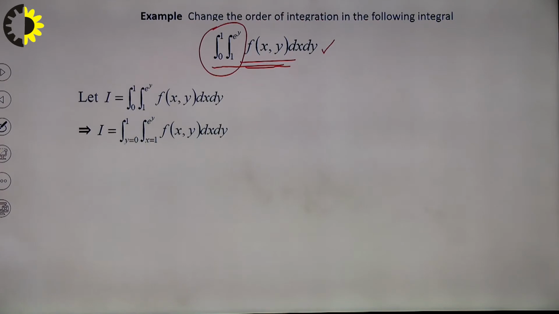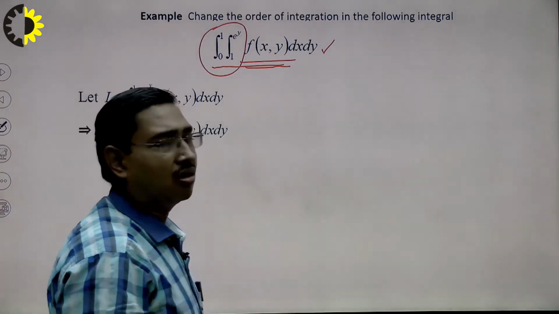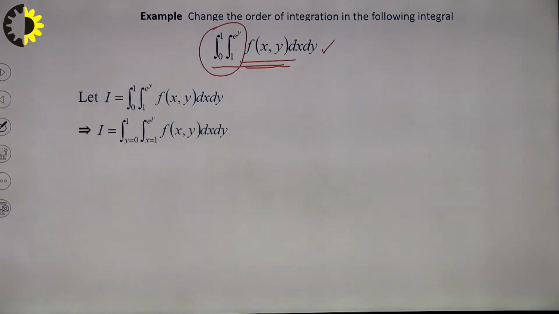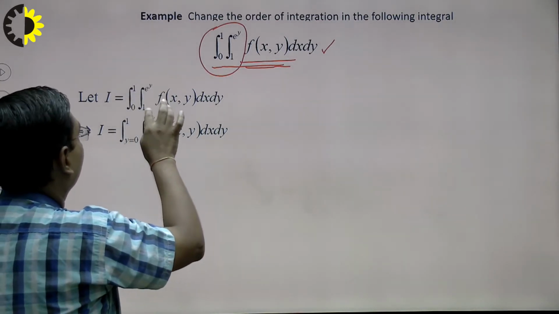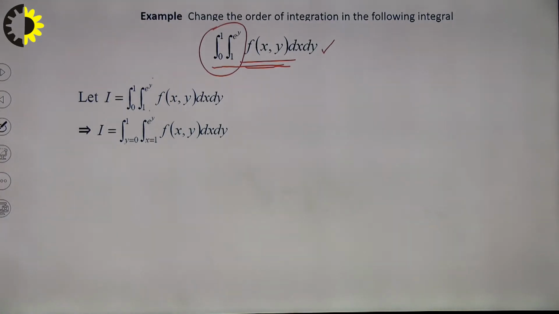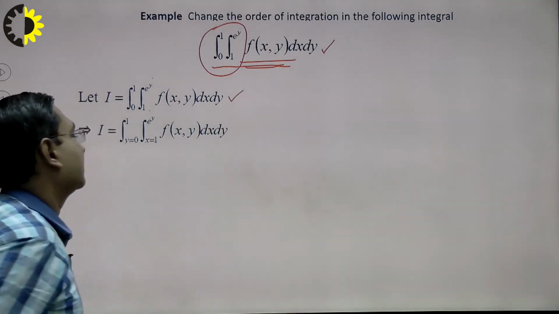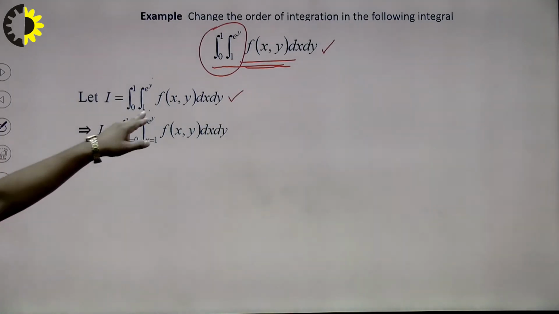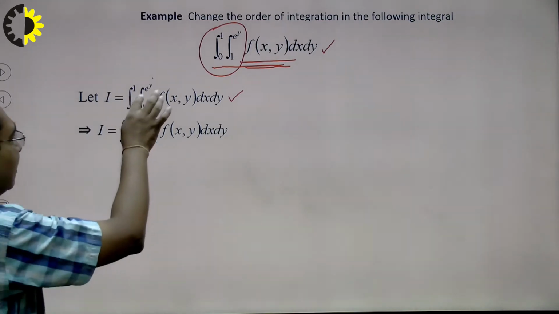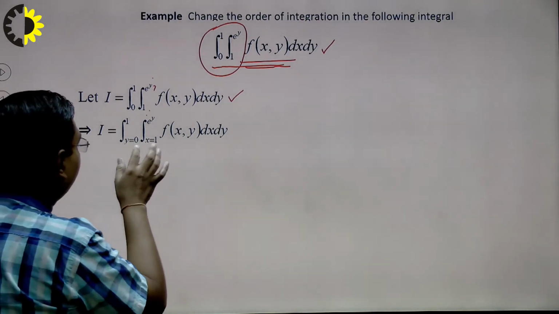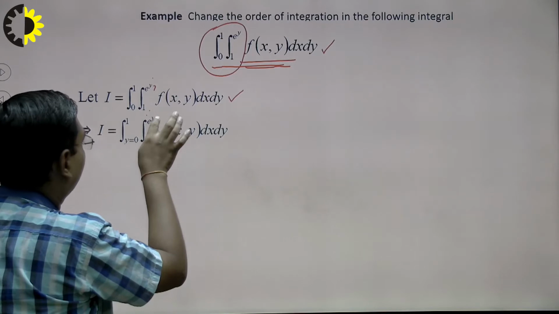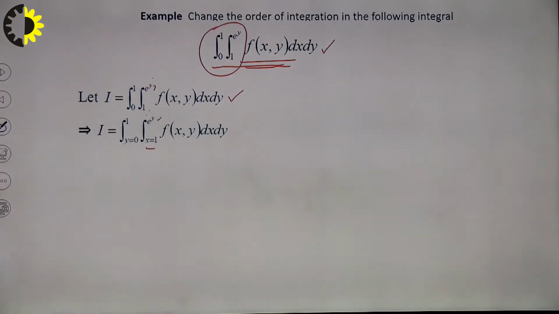First of all, to change the order of integration, we observe that this integral is written as I equal to 0 to 1, 1 to e raised to the power y f(x,y) dx dy. Now, the limits which are in terms of y must be limits of x, and therefore I have written it here as x equal to 1 to x equal to e raised to the power y.